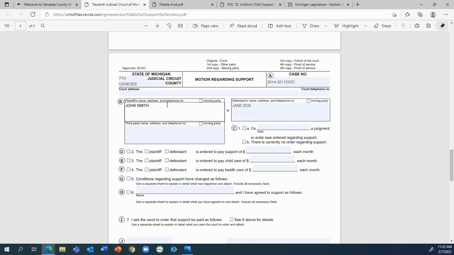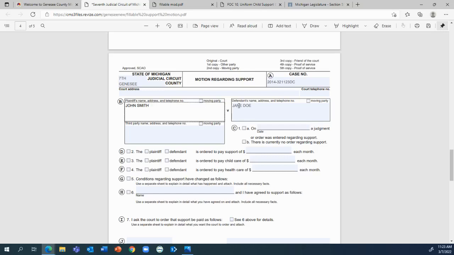If this is the most recent address put on a document, that's where formal filings are going to be sent. It's important to have your telephone number because the court might be contacting you to let you know whether this hearing is going to be via Zoom or in person, or if they don't have important documentation that they need to move forward, they're going to reach out to you. So make sure you put both there.